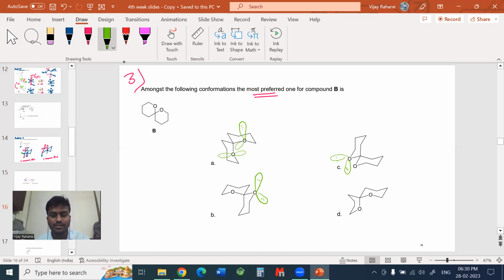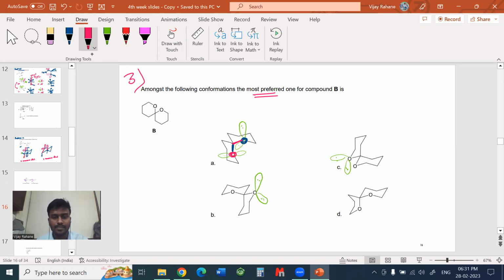So if you see structure one, how many anomeric effects are possible? There are two anomeric effects possible, right? Because of this oxygen. One is for this oxygen, this bond serves the anomeric effect, this is due to the blue oxygen, and due to the pink oxygen, here will be stable.